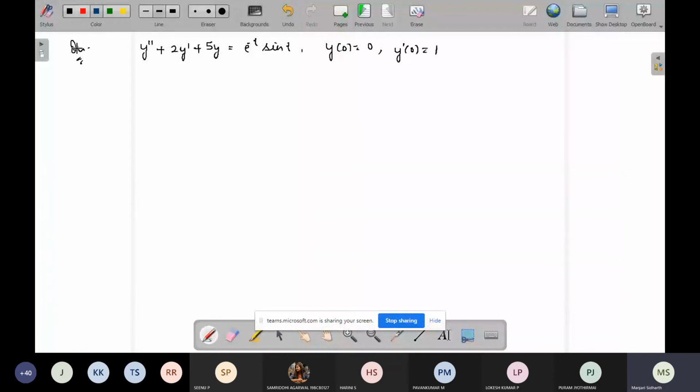So the first step is taking the Laplace transform on both sides. And one more thing, if these are given, then okay. If not given, you can take some constants a, b, or c1 or c2. But if it is not given, don't take 0, 0 for simplicity.